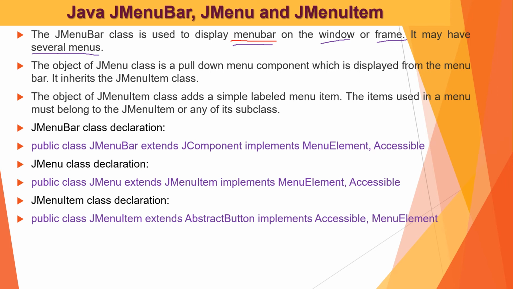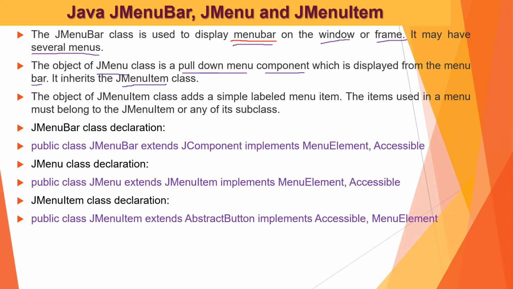Now the object of the JMenu class is a pull down menu. This is the JMenu component, which is displayed from the menu bar. So from the menu bar we can display the JMenu, and it inherits the JMenuItem class.